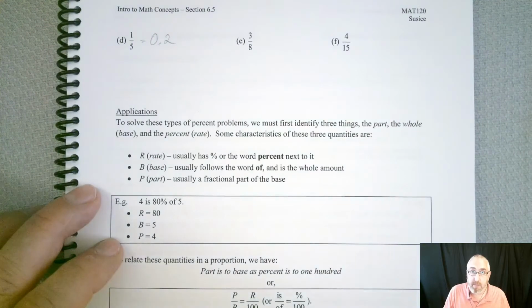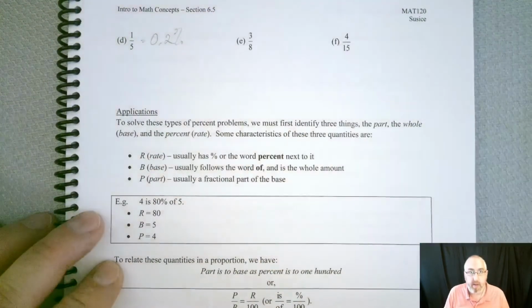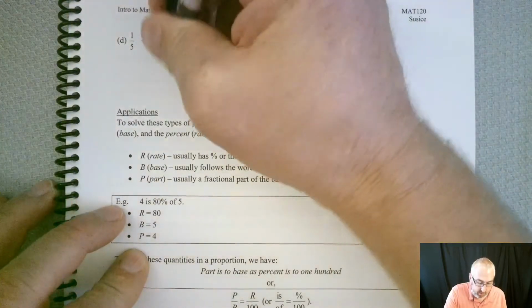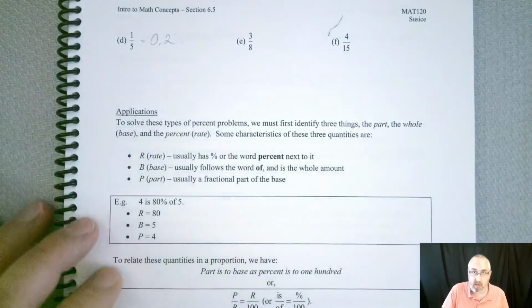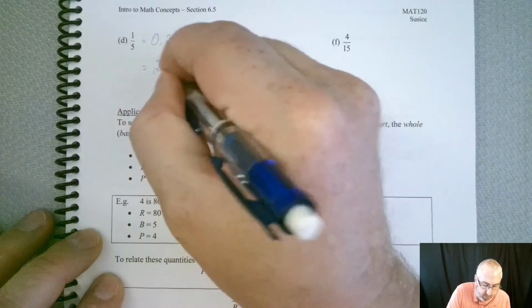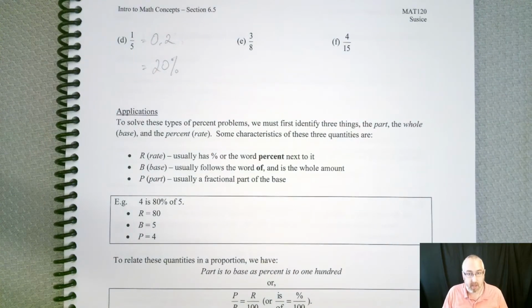Now, the mistake people often make because they're trying to rush too fast is they'll just throw the percent symbol on that and call it done. But you're not going to get it right if you do that. So don't just add the percent symbol on. You have to move the decimal point also. So in this case, we should end up with 20%. So 1/5 is 0.2 and 0.2 is 20%.